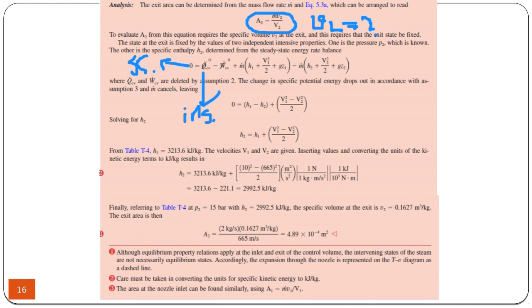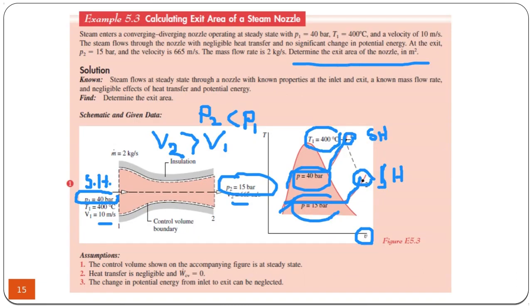So we have a situation where we have 0 on the left-hand side, Q dot is 0, W dot is 0. All we have is m dot times the total energy of the incoming stream, enthalpy, kinetic, and potential energy, minus the total energy of the exiting stream, enthalpy, kinetic, and potential energies. If you look at this nozzle, you can see that the elevation does not change.